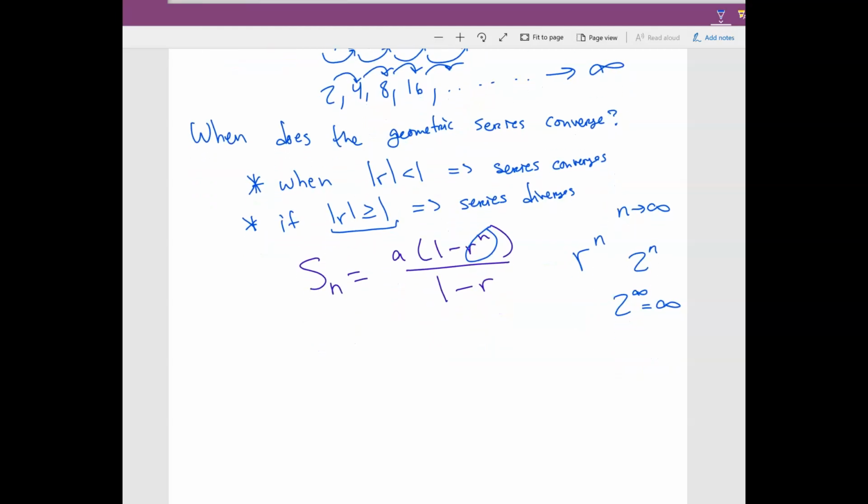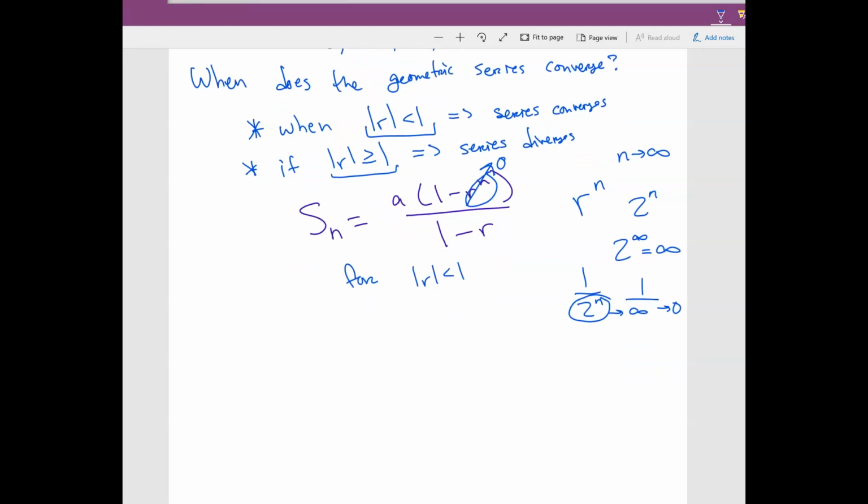If r is a fraction like 1 over 2 to the n, then since it's a fraction, this is going to get smaller and smaller, going all the way to 0. So if you have a fraction less than 1 and take the limit of this, it is going to go to 0, for r being less than 1.